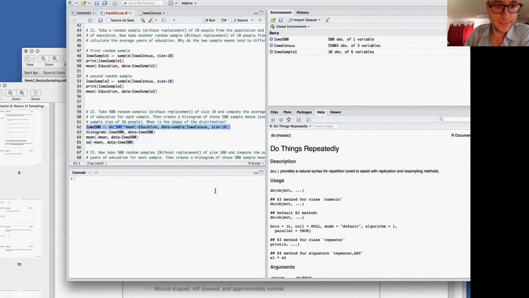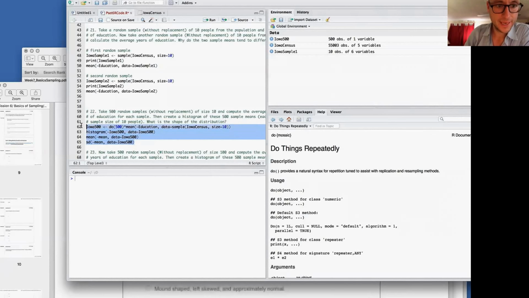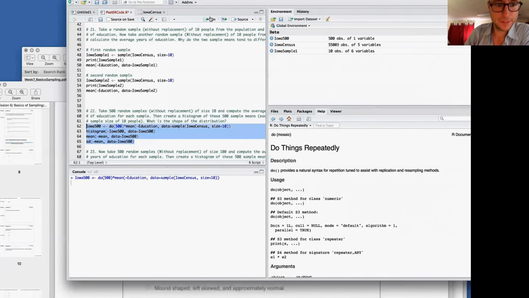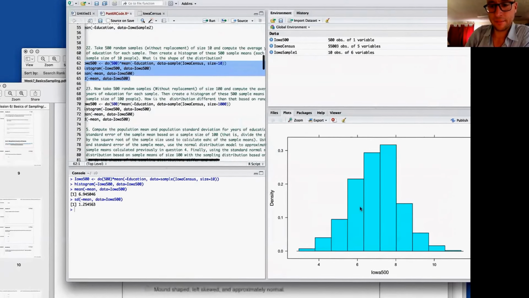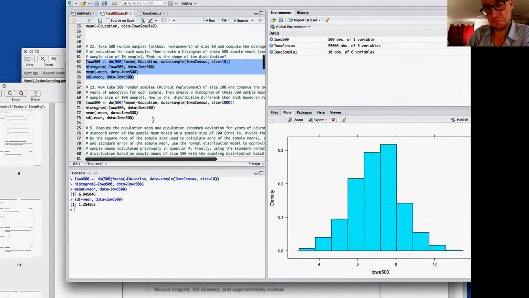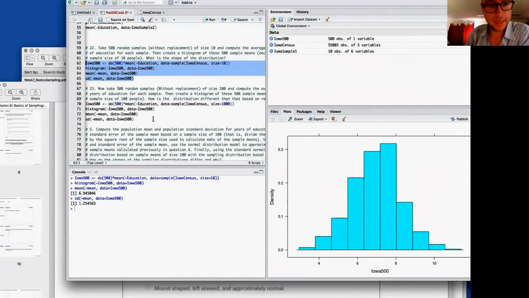But the main point is, we take 500 of these 10 samples, and we have a little histogram here. And this is our sampling distribution, and this is pretty normal. It has a mean of around 7 right here on average. We could say our standard error is going to be 1.25.